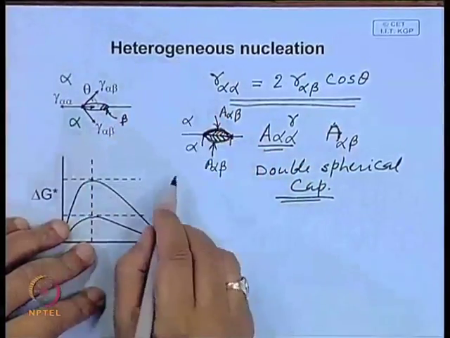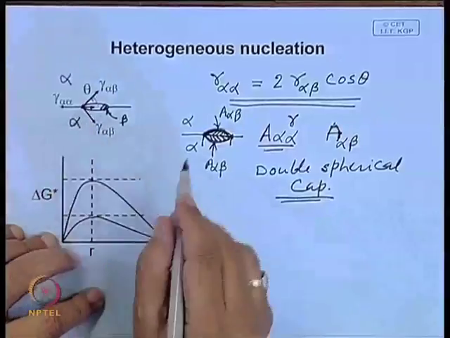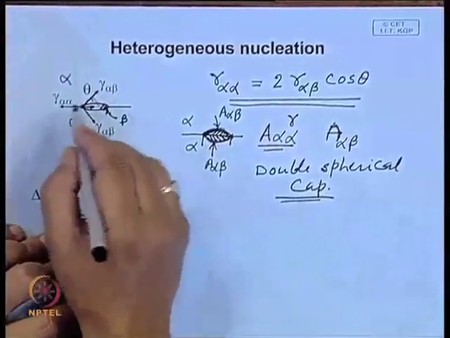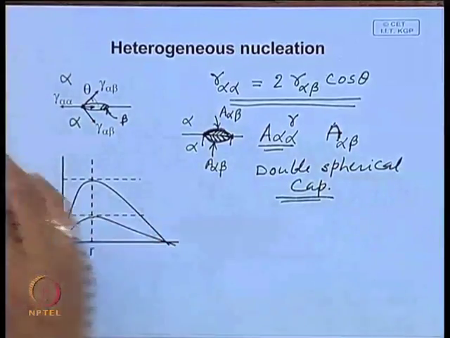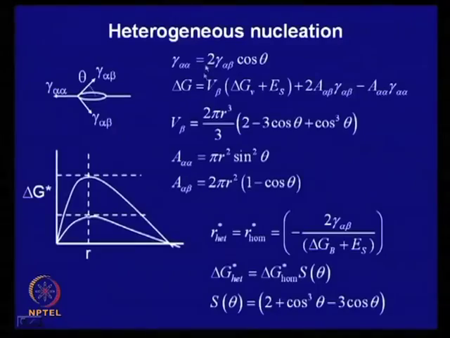heterogeneous nucleation of precipitate, and you can show under what condition what will be the critical nucleus size. If you go through the calculation, the procedure is exactly the same.